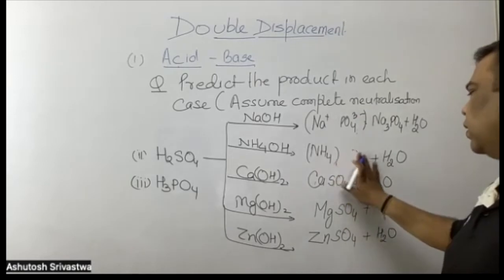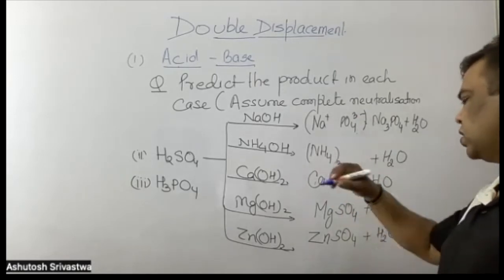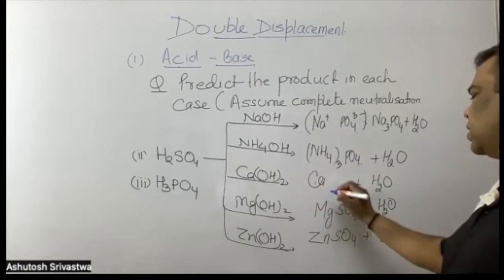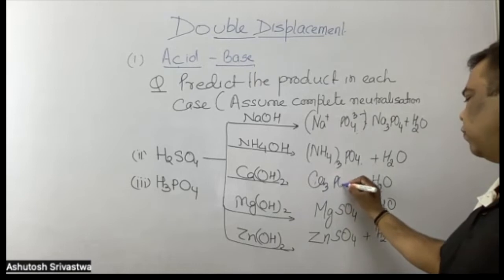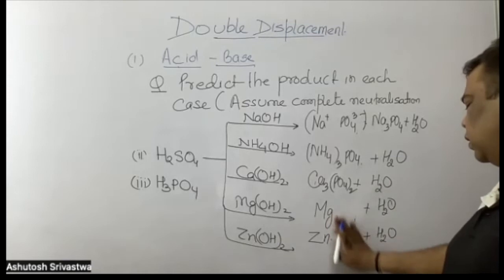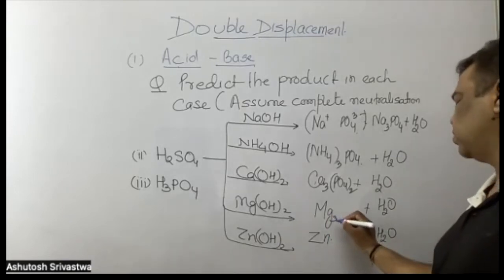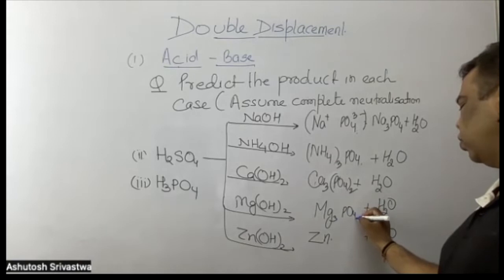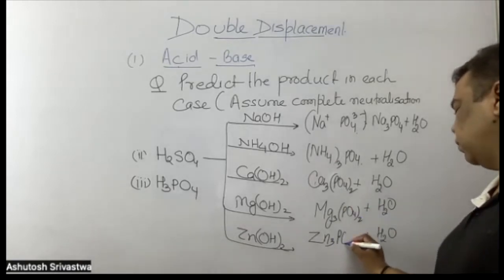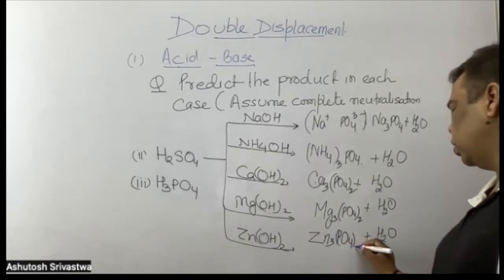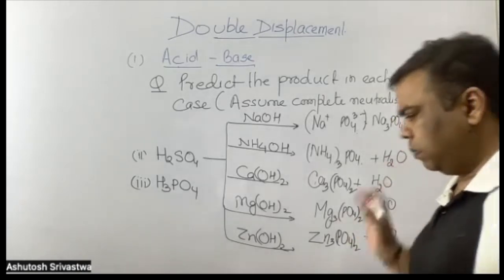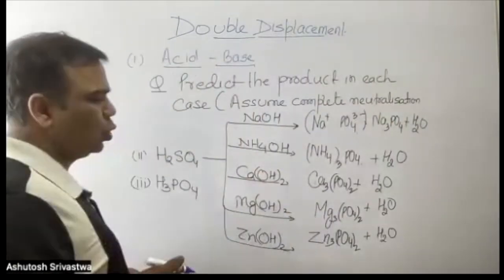Here it will be Ca3(PO4)2, this will be Mg3(PO4)2, and Zn3(PO4)2. This is the answer. We will be taking up the balancing part. Don't worry, it is very easy.